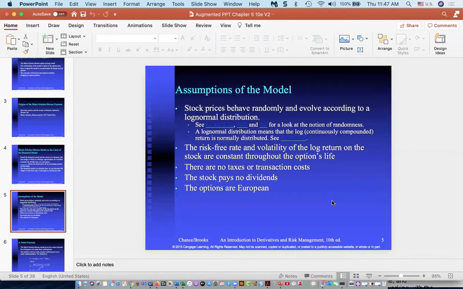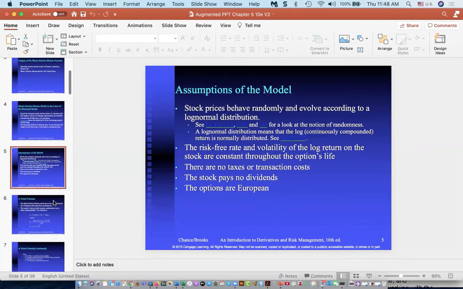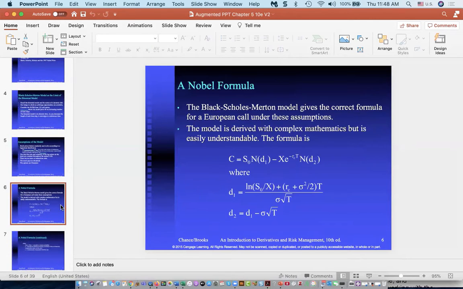There are various assumptions of the model, and we'll just mention them briefly, not going very deeply: the risk-free rate, volatility of the log return, no taxes, no dividends, and options are European, not American. So it's applied to European options. And this is the formula.